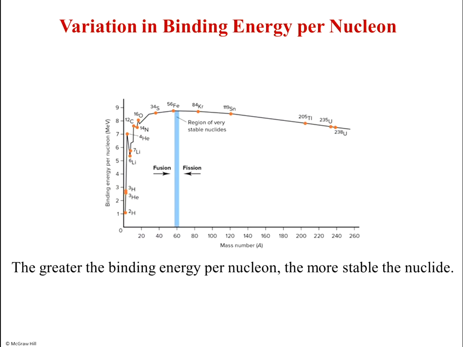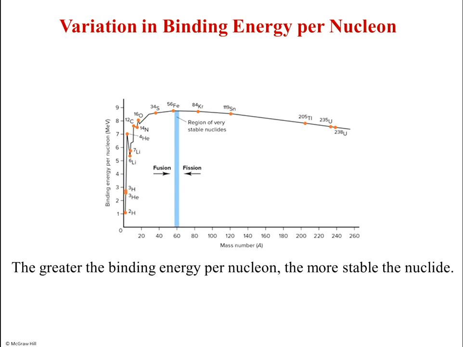What we find is there's a variation in binding energy for the different types of nucleons. As we pull our nucleons together to make our nuclides, we can plot that binding energy per nucleon for our various nuclides. And we find that there's a peak in the binding energy per nucleon.